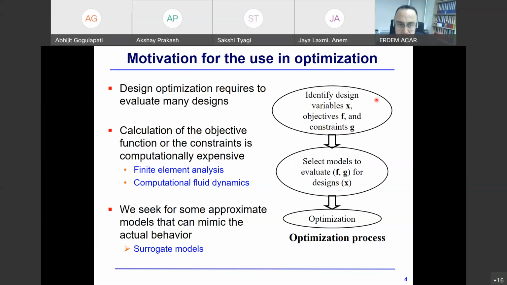And since optimization is iterative, we have to perform this finite element analysis again and again. So it is going to be computationally very expensive. So we seek approximate models that can mimic the actual behavior, which are surrogate models.